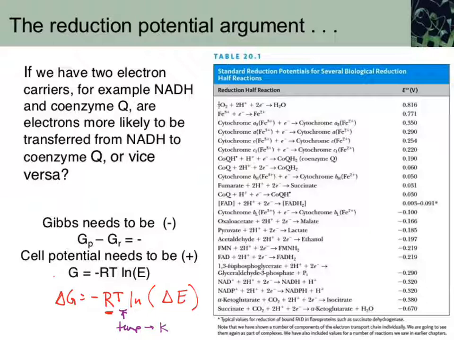So if I have a negative delta G and I have a positive delta E, well, they have to be referring to the same thing. How do we make sure they refer to the same thing? That's why this minus is here. Okay, I'm like 90% positive that that is why we don't reference them both as negative or both as positive.